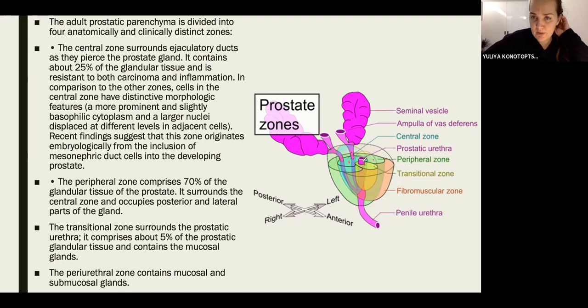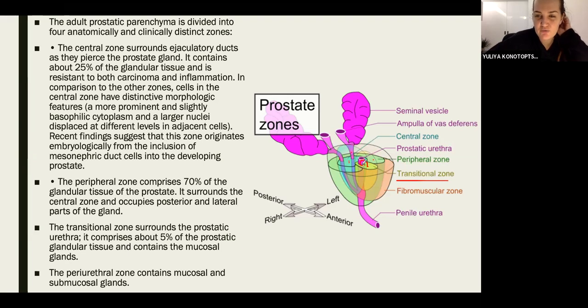Transitional zone is just where the urethra is passing, right? And here we will see a normal physiological aging-related issue. In the transitional zone specifically, there are more and more smooth muscle cells appearing here. So as you can imagine, if there's more smooth muscle cell, it will eventually obstruct the urethra.